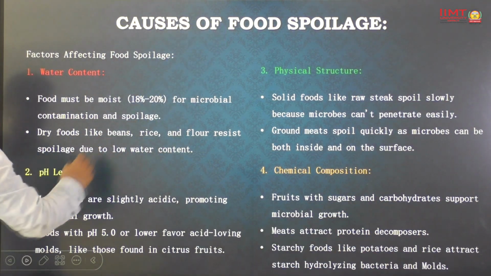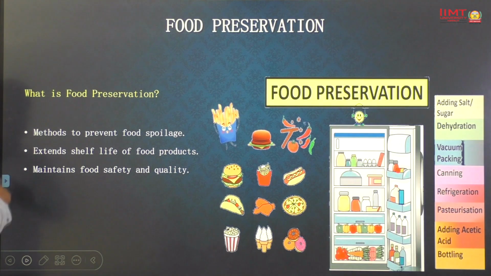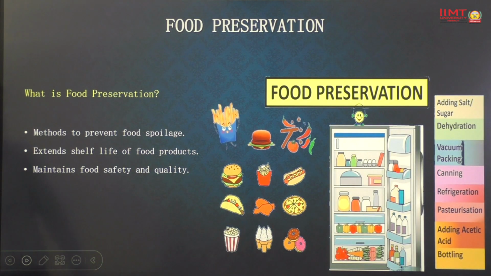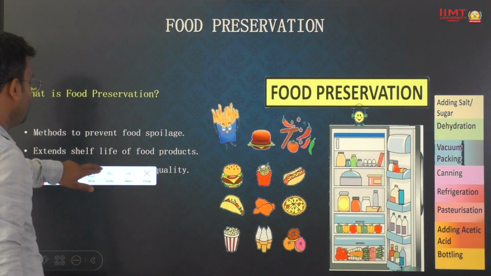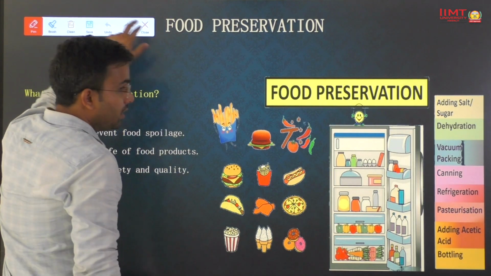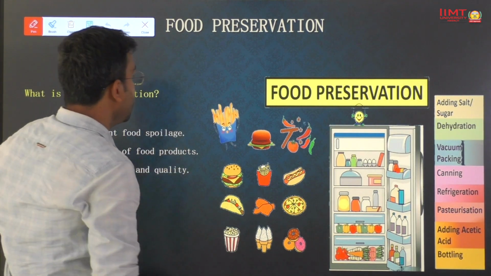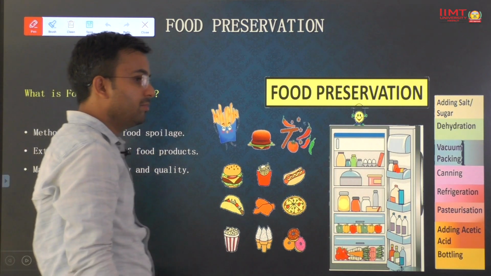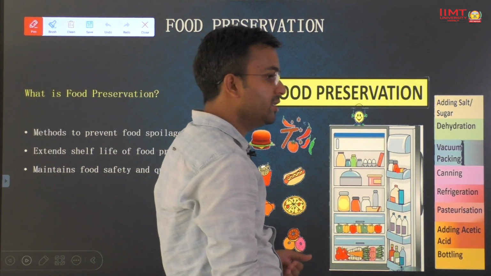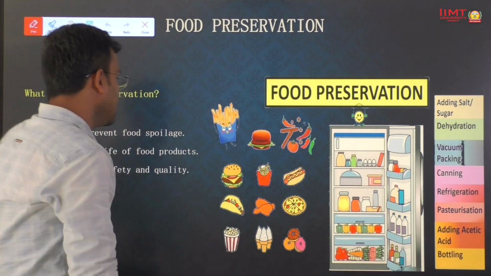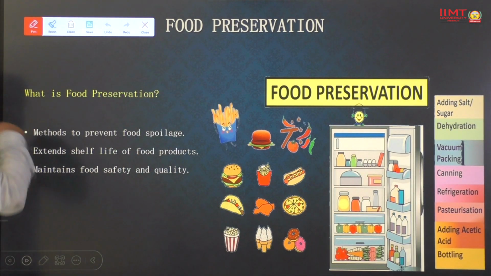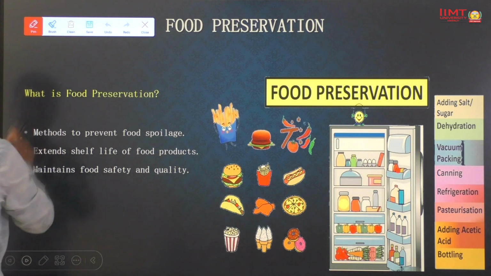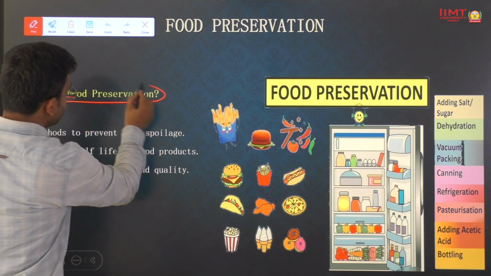So we go for next. Now, previously we discussed food spoilage. Now how can we preserve the food items, prevent food spoilage and save the food products? Here is all about food preservation.